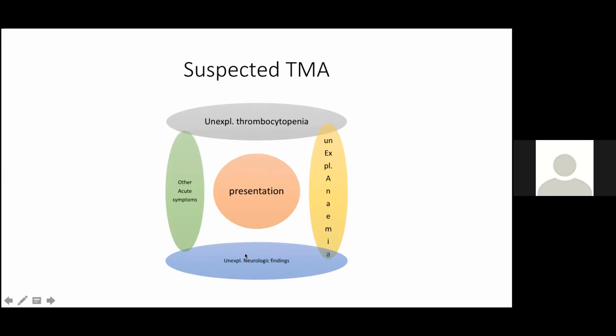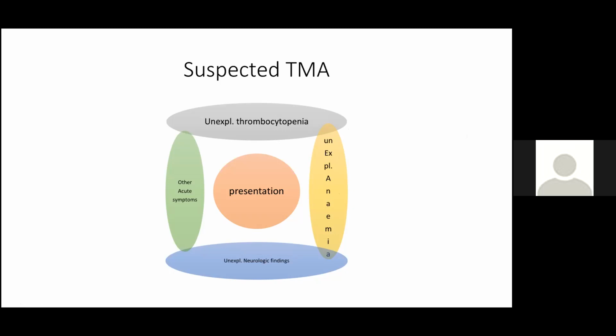Why I say unexplained is that sometimes this patient could be a young man in his 20s or 30s, who has no other diseases to cause thrombocytopenia. The patient had been very healthy until 2-3 days ago. So the anemia is not explainable, and the patient might have features of TIA, sometimes diplopia, aphasia.